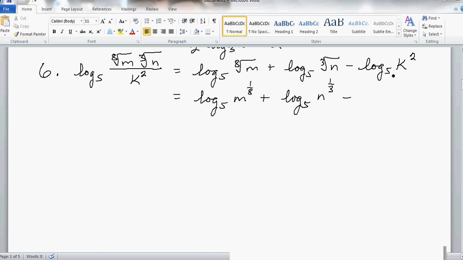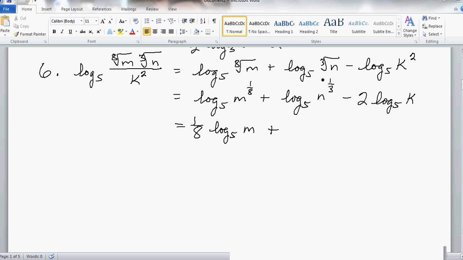And here I can go ahead and bring this 2 out front, so we get 2 log base 5 of k. Now log base 5 of k, we can't go any further, so this term is going to remain just like that. This one we can take the exponent out front, so we get 1/8 log base 5 of m, and log base 5 of m won't go any further, so that's as far as that one's going to go.